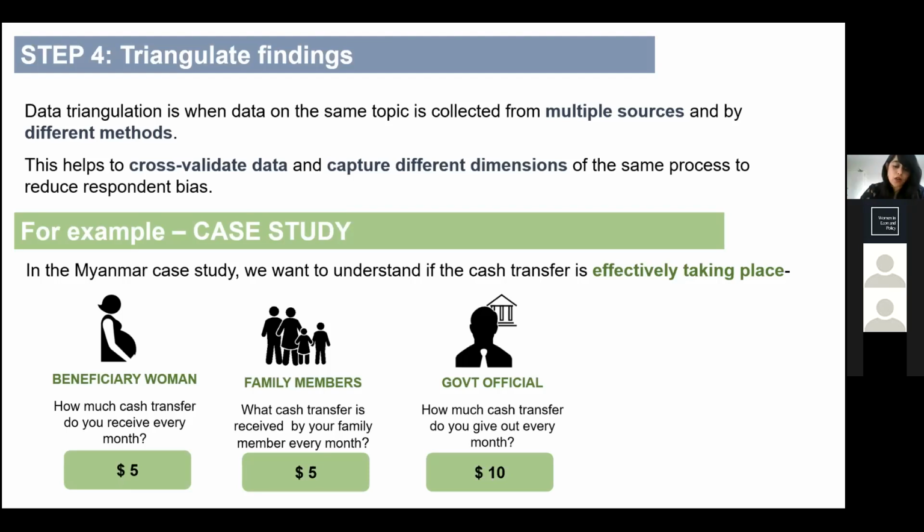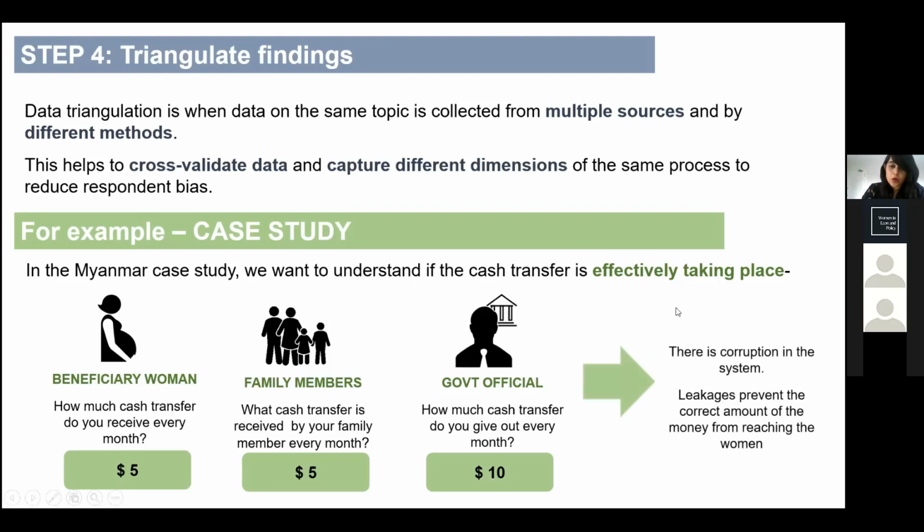Now, in terms of what's happening, you would definitely understand that there is corruption in the system, right? If the government official is saying that there is $10 given out, but if the beneficiary woman and the family members are saying that they're receiving $5, then in some way there is corruption. There are leakages that are preventing the cash transfer from effectively taking place.